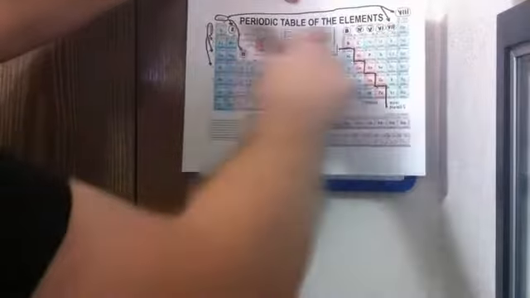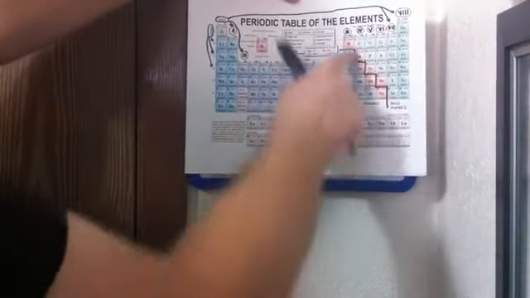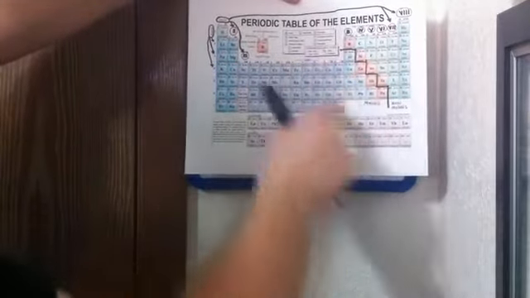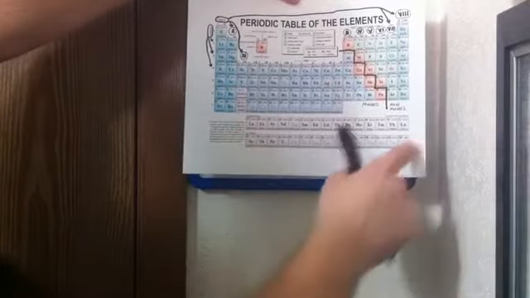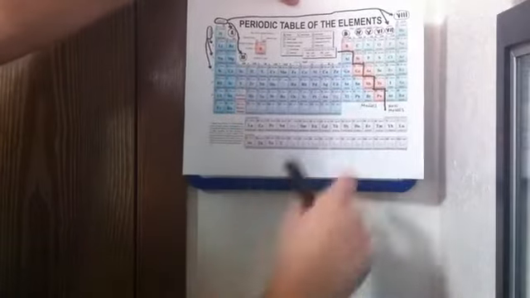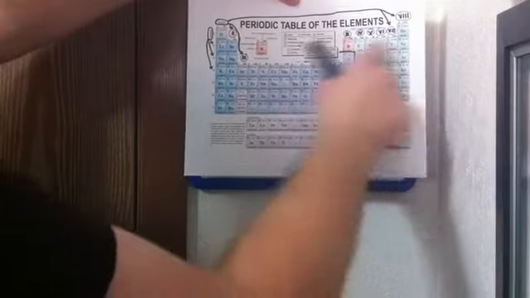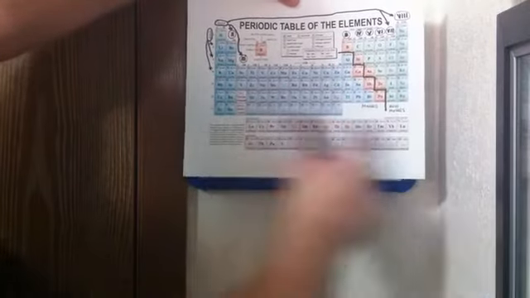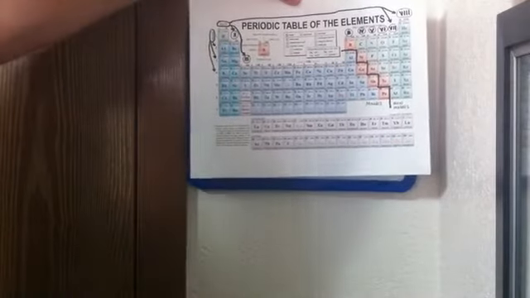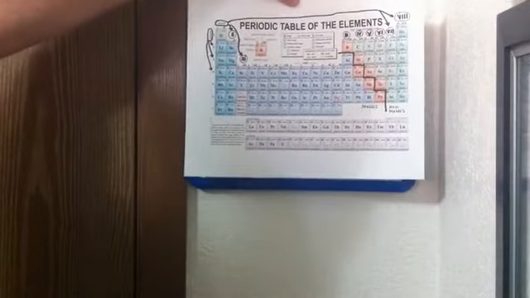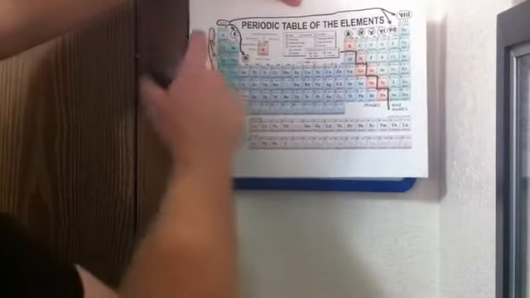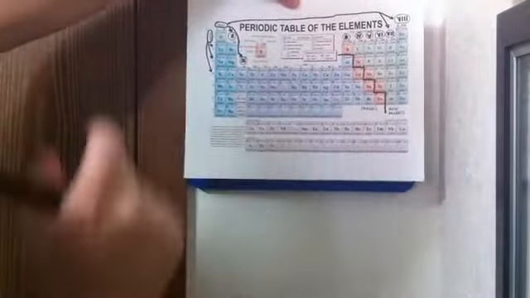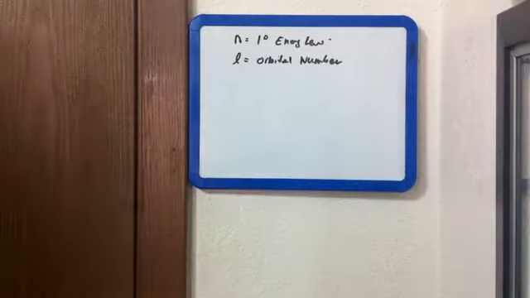It also includes helium. Over here, and here I have different orbitals. So I have s here, p orbitals here, d orbitals here, and then f orbitals here. And what these are, if you want to look at them, are sublevels of structure within the period. So I have my primary energy level, and then within that energy level I have these orbitals that exist. Okay, so we've got orbitals down.